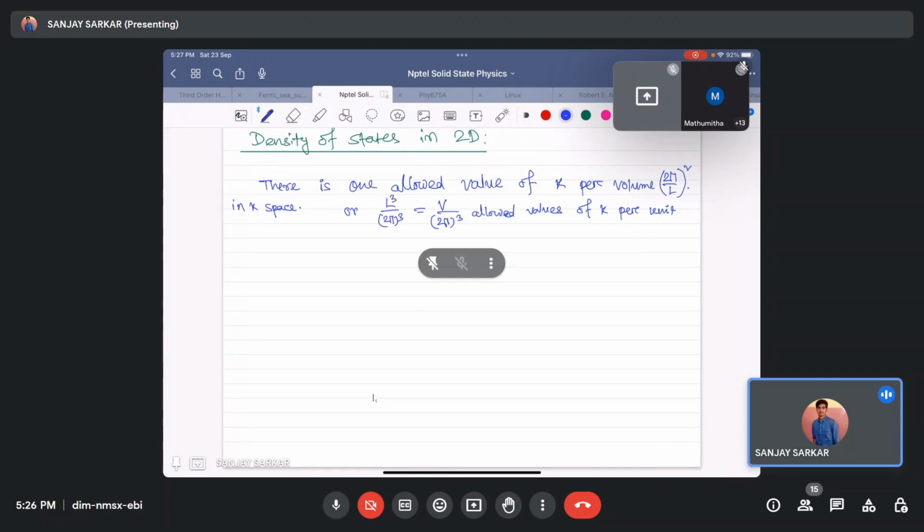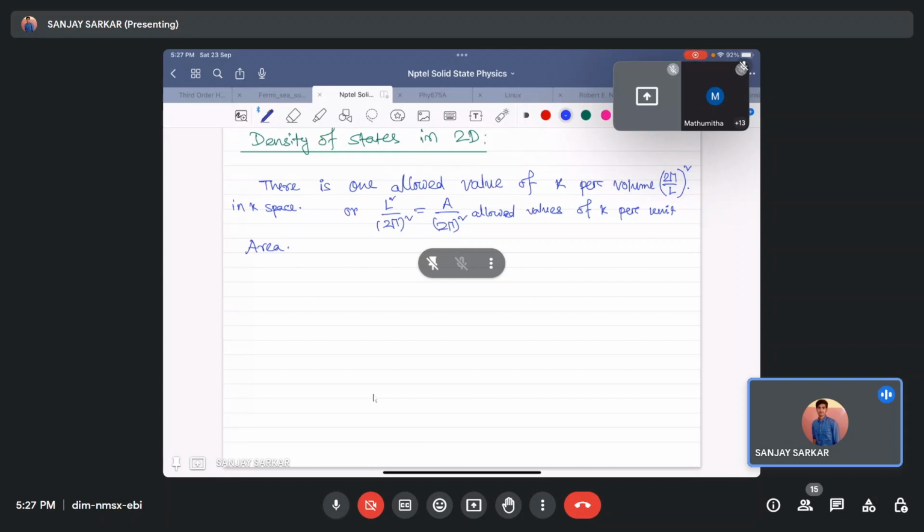In k space, it is L square by 2 pi square, which is area A by (2 pi) square allowed values of k per unit area. Sorry, per unit area. So this is the number of allowed values of k per unit area.